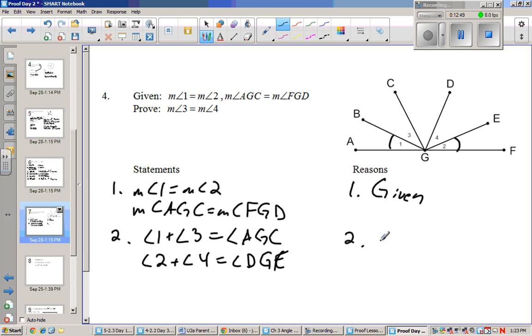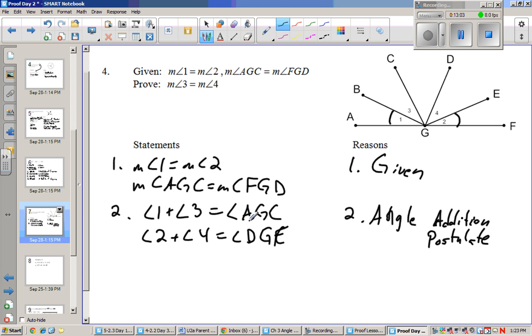And that's just the angle addition postulate. All right, so we have those set up.